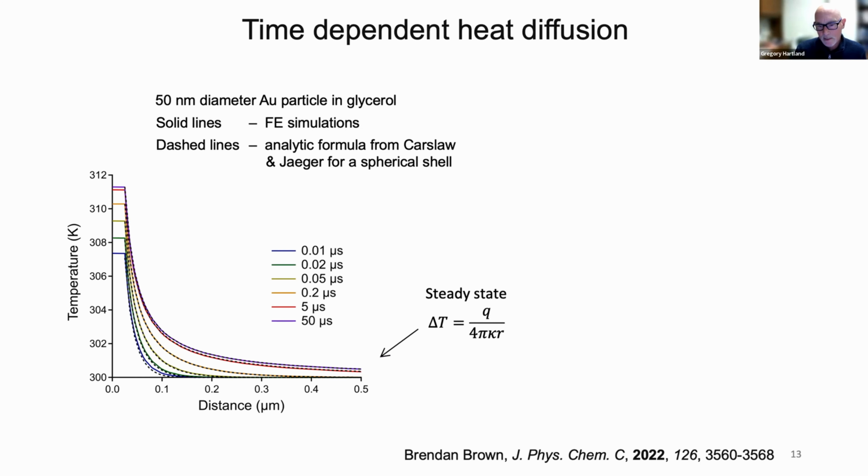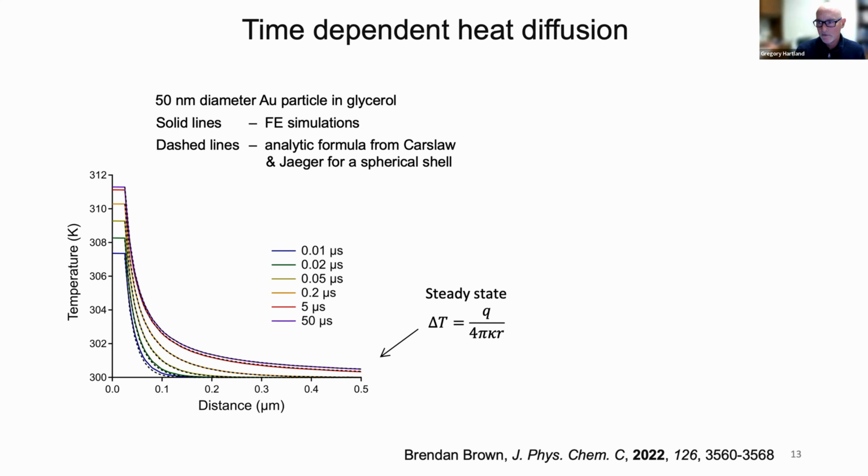Now, the key point about doing this is that when you reach steady state, the temperature distribution around the particle simply goes as 1 over the radius, 1/r. So what happens in these experiments is that for small particles, you very, very quickly reach steady state. And once you're at steady state, it's all just 1/r.